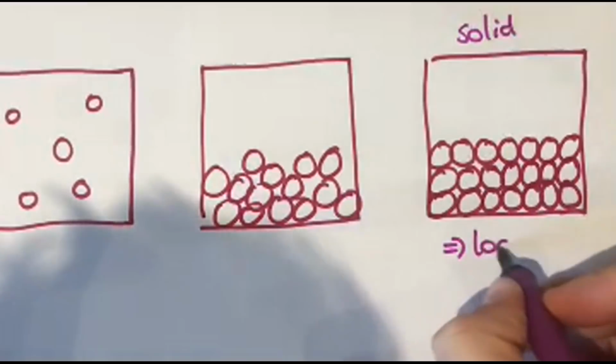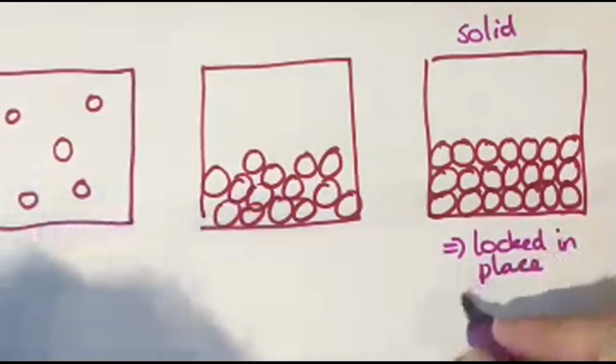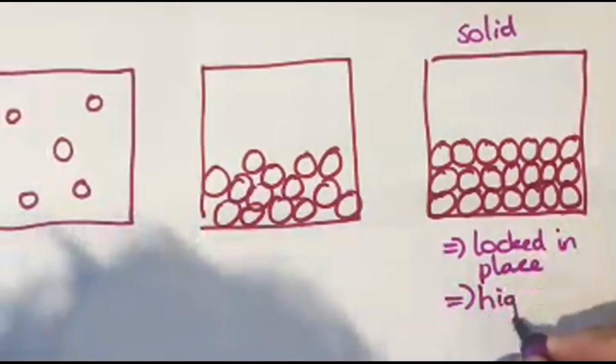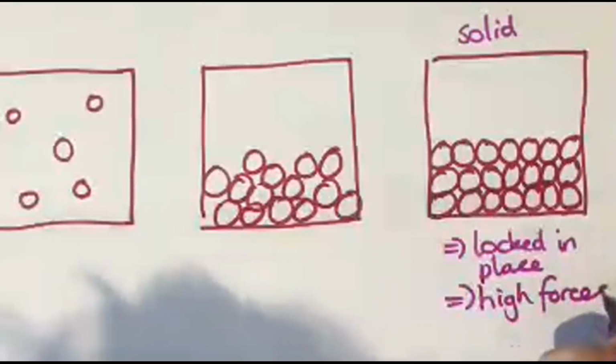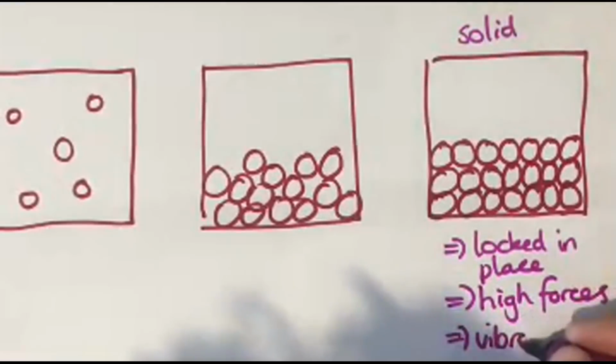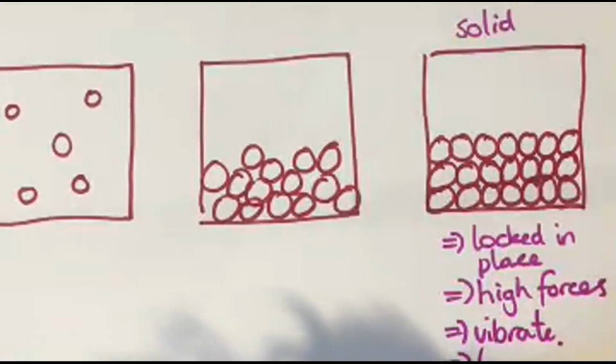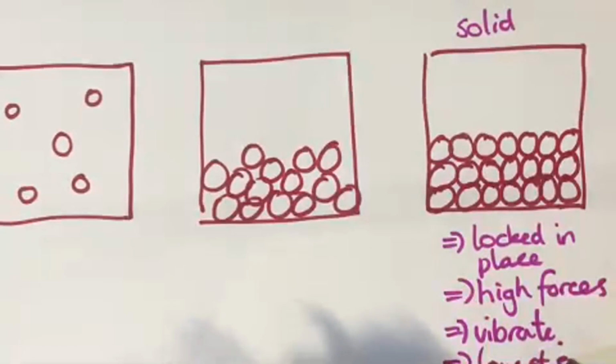They're kind of locked in place. They have high forces between the particles, and they also only vibrate. So you can think about that as the lowest energy or lowest kinetic energy of the particles.